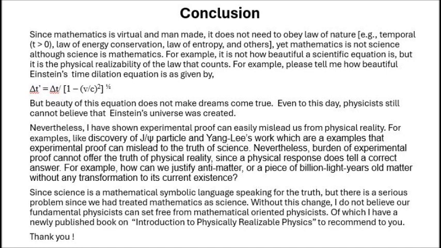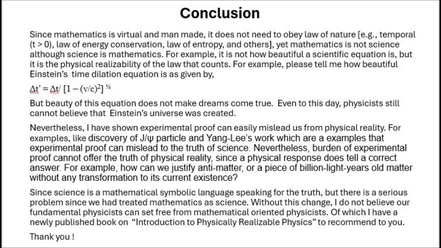Nevertheless, I have shown experimental proof can easily mislead us from physical reality. For example, the discovery of the J/psi particle and Yang-Li's work are examples that experimental proof can mislead from the truth of science.